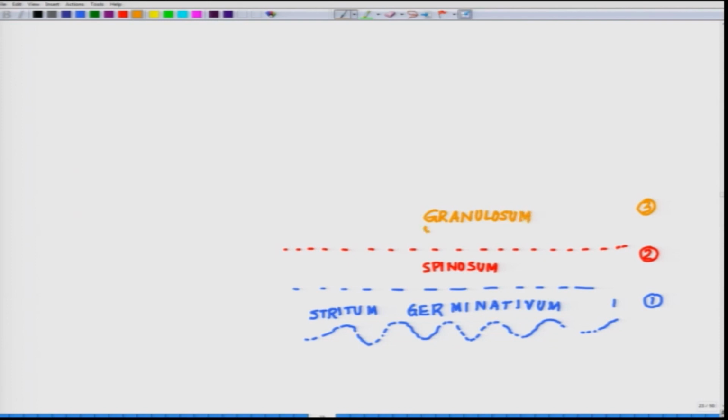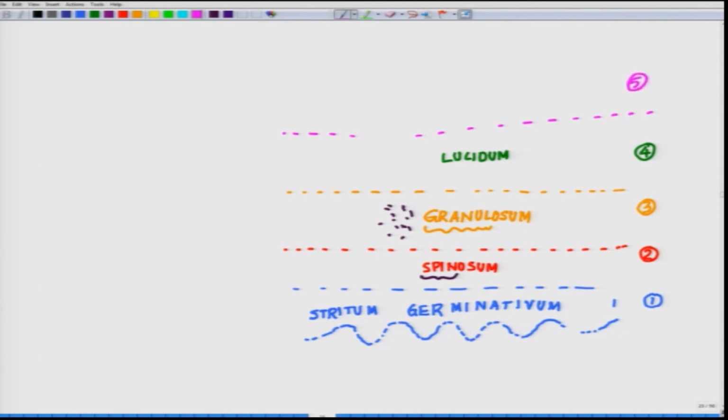Whenever we use the word granule, it means there are some kind of granules present there. This is how you can remember: spine, some kind of spiny structure. Next, the fourth layer is called stratum lucidum, and the fifth and final layer, the topmost layer, is called stratum corneum.